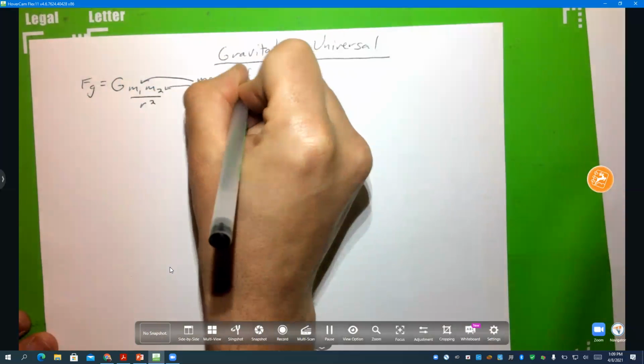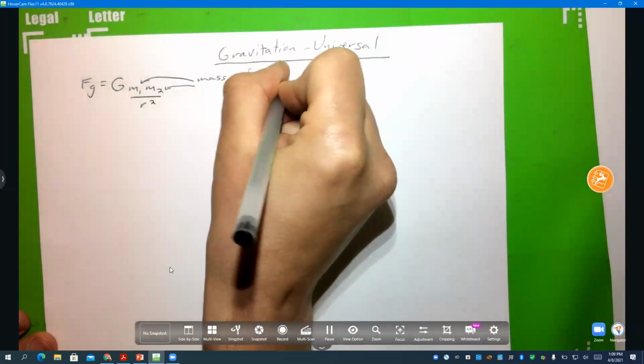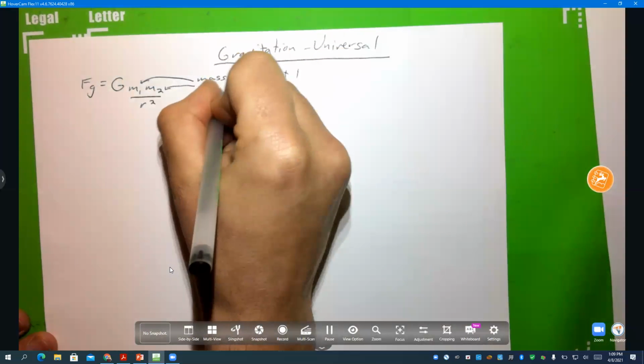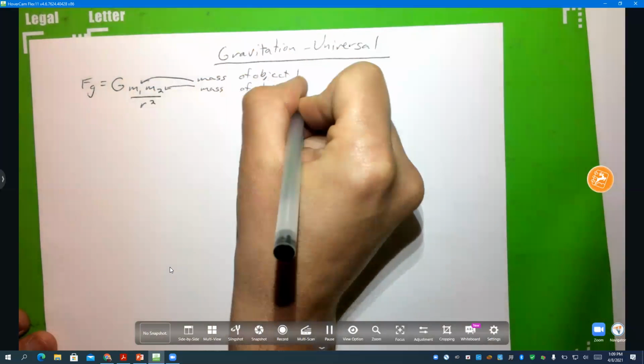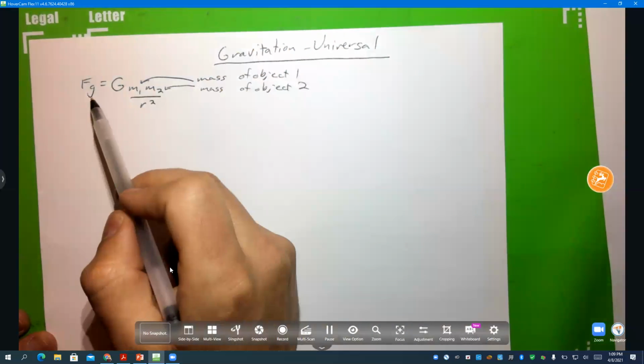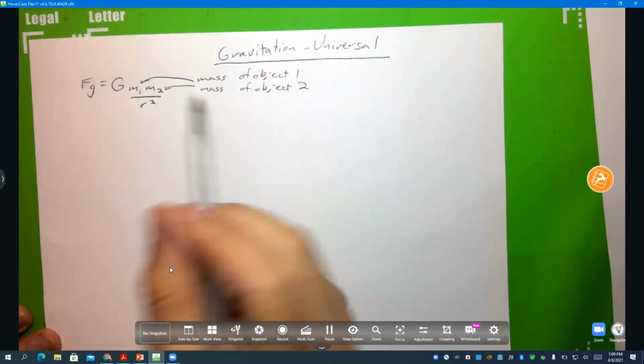Mass of object 1 and mass of object 2. Both play a part when it comes to force of gravity anywhere in the universe.